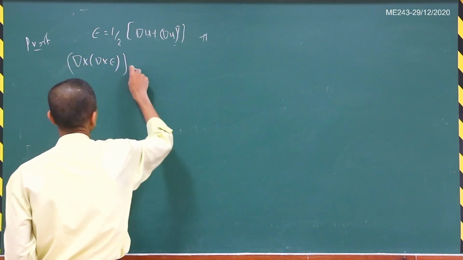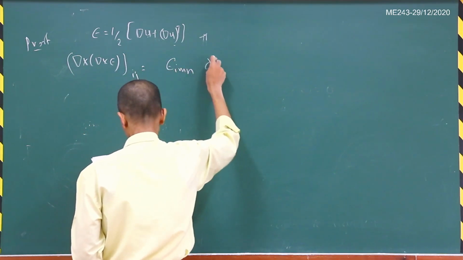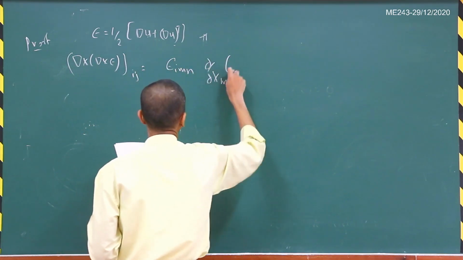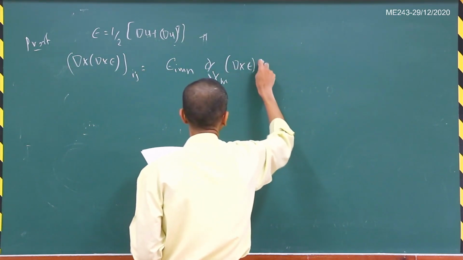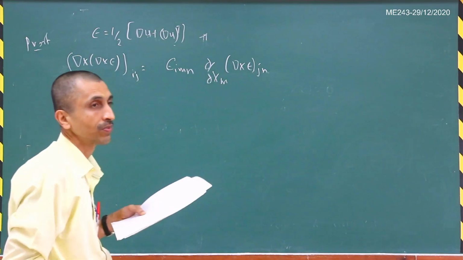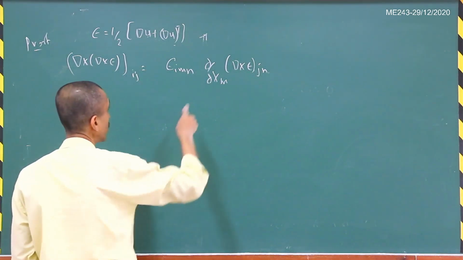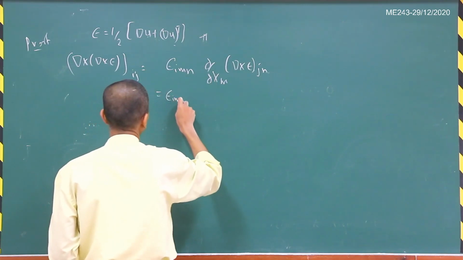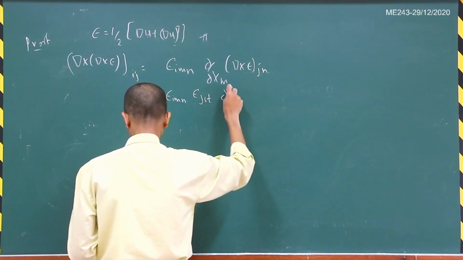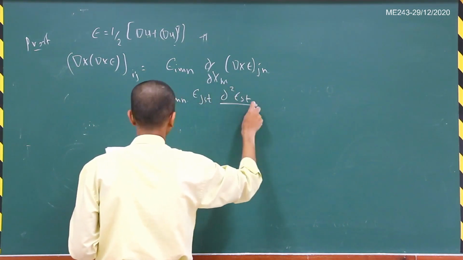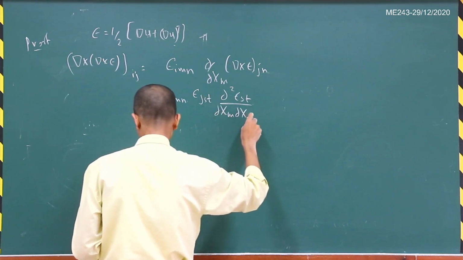So del cross epsilon ij is equal to epsilon imn del by del xm of epsilon jn. We are using the definition of the curl of a second order tensor here, and then this is equal to epsilon imn times epsilon jst del square epsilon st by del xm del xs.